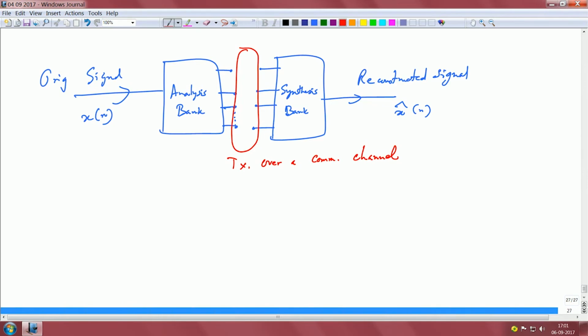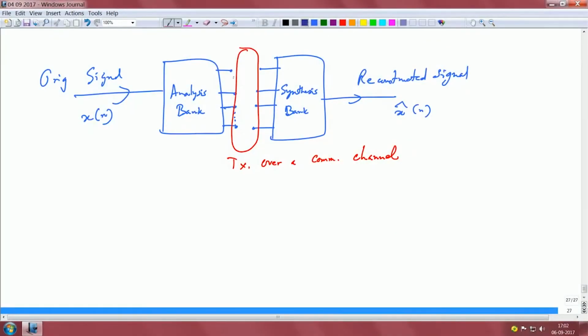And if we have stringent constraints on the bandwidth of the channel, then we may have to possibly compress the signal. Now, we have different frequency components that get filtered as we go through this analysis bank.